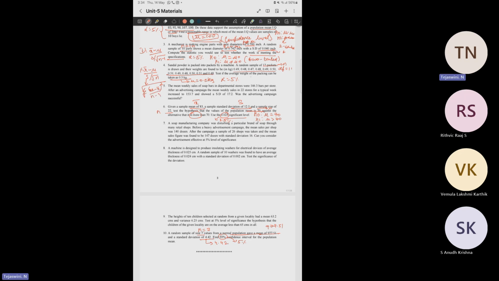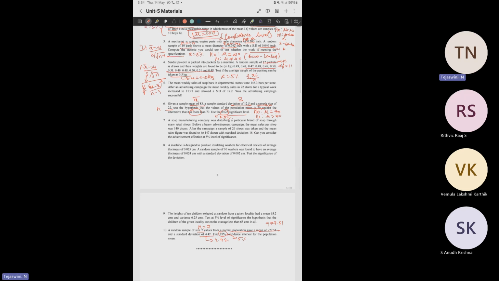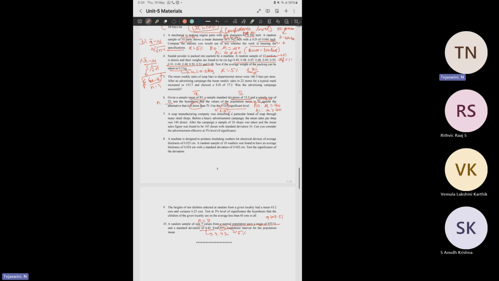And to find the mean, you can use the formula summation xi by n. They did not ask us if there is any greater than, less than, or such, so H naught can be taken as mu is equal to mu naught, and H1 can be mu is not equal to mu naught, two-tailed.